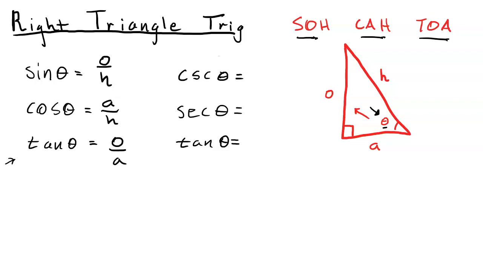Now, we don't have, I guess, a phrasing for cosecant, secant, and cotangent, but these are just going to be the reciprocals of our original trig functions. So cosecant is going to be the reciprocal of sine, secant is going to be the reciprocal of cosine, and cotangent, oh, I wrote tangent twice.